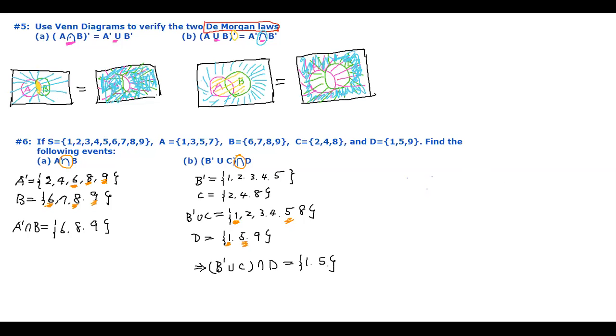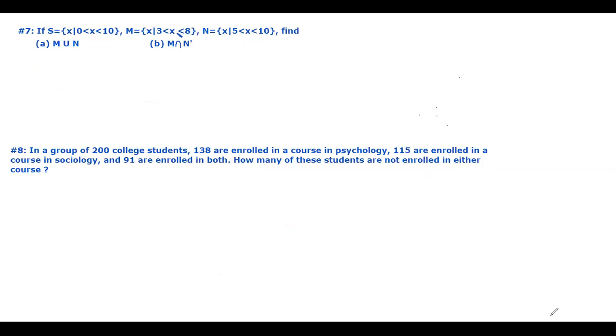Okay, so now let's take a look at our next problem. The sample space X is from 0 to 10, then the event M is X from 3 to 8, and the event N is X from 5 to 10. First, they want to find M union N, right?